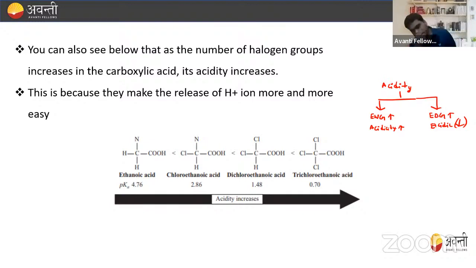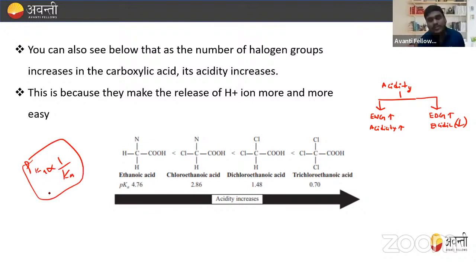Their acidic value, we know that the lesser the value of pKa, because pKa is inversely proportional to Ka, and the Ka value is directly proportional to the acidic nature, right? So we can observe this. As more and more electron withdrawing groups, that is chlorine atoms, increase, as in the case of trichloroethanoic acid, we get the pKa value of 0.70.